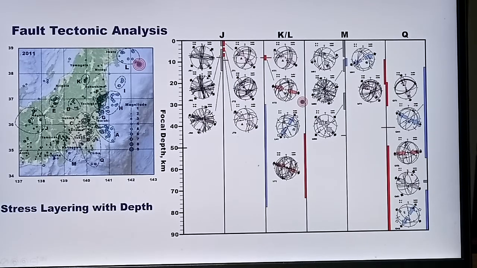In the shallow, NW-SE compression, deeper part nearly EW compression. Near Tokyo, Chiba, NNW-SSE compression in the shallow part, EW compression in the deeper part.